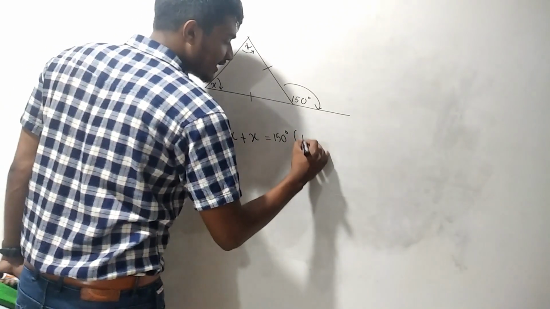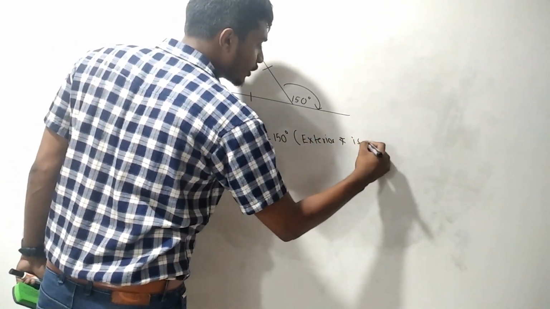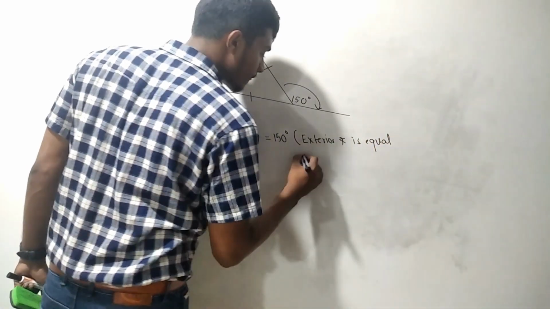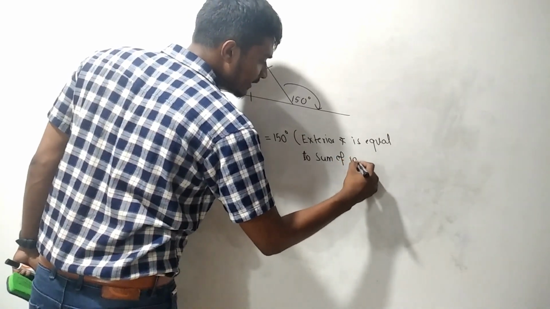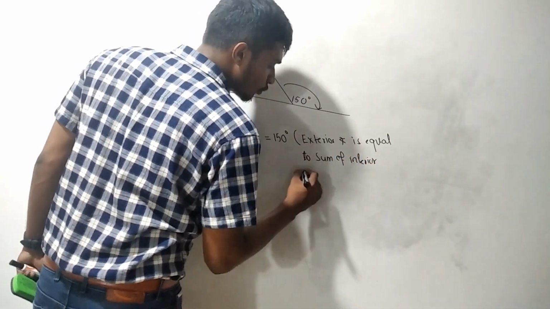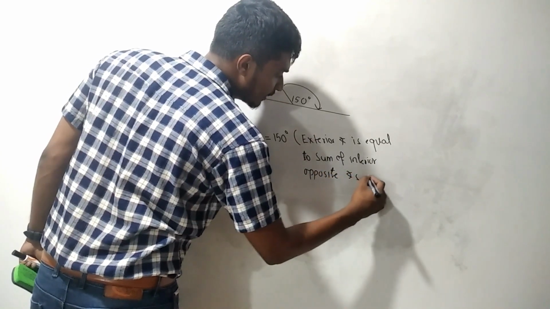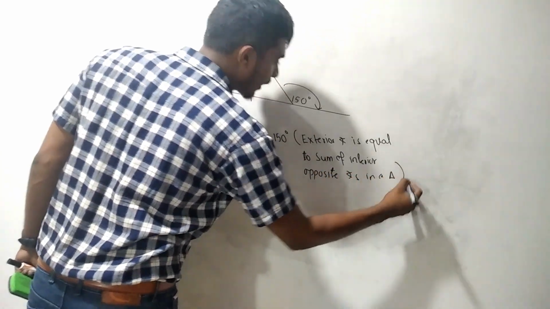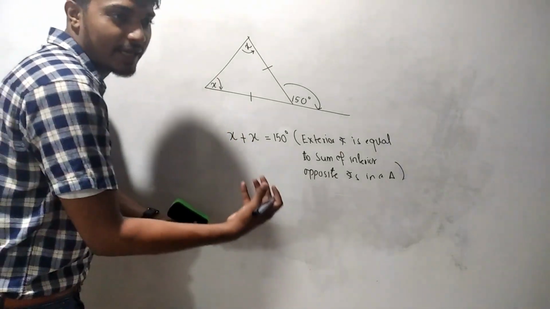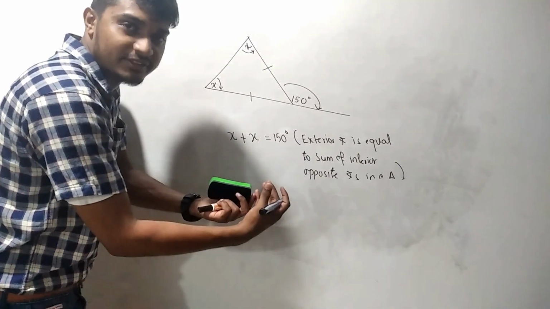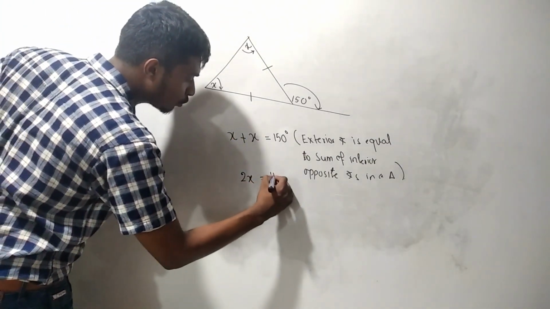The exterior angle is equal to the sum of interior opposite angles in a triangle. When you have an apple and another apple, an apple plus an apple is 2 apples. Similarly, x plus x is going to be 2x. So 2x will be equal to 150.